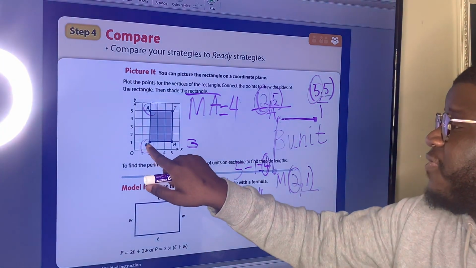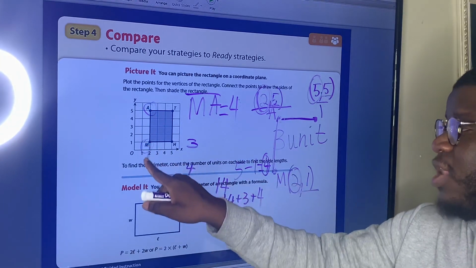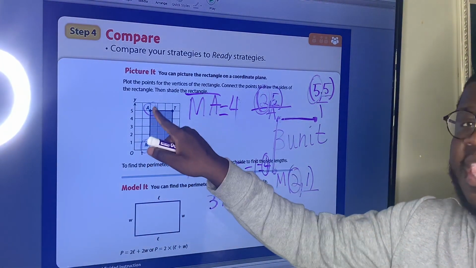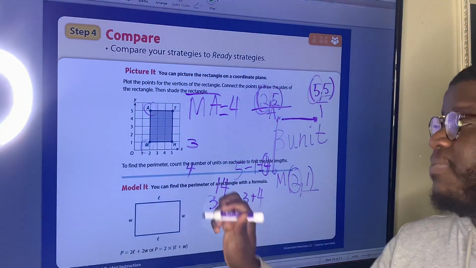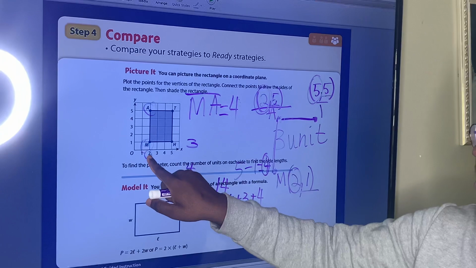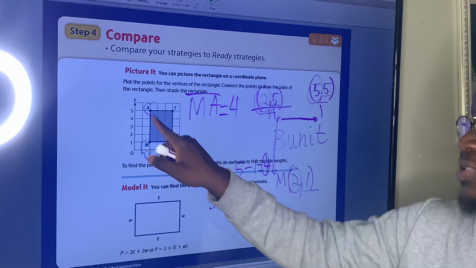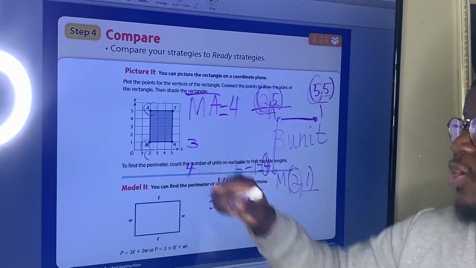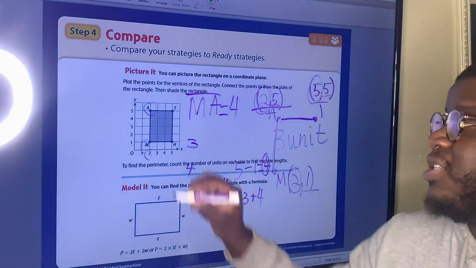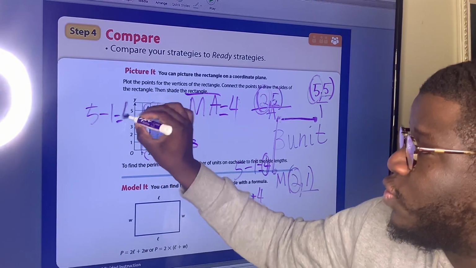In order for me to find the distance between M and A, I already know M and A share the same x coordinates. They're both 2. The difference between M and A is the y coordinates. So I will simply subtract 5 minus 1, which is equal to 4.